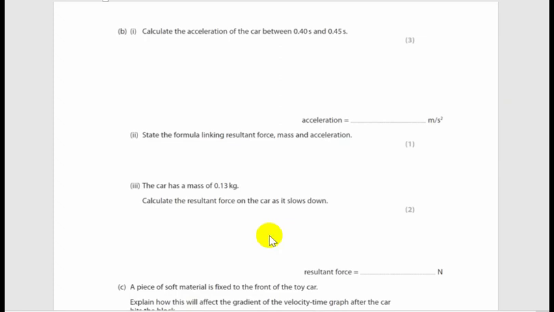So acceleration. Calculate the acceleration of the car between 0.4 and 0.45 second. We know acceleration equals v minus u, final velocity minus initial velocity, divided by time. That means change in velocity divided by time taken.